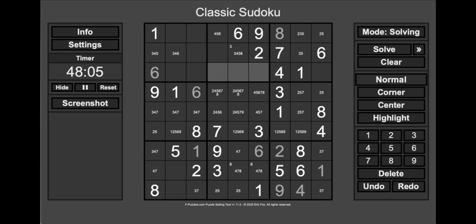That everything else. 4, 5, 7, that's not 5.